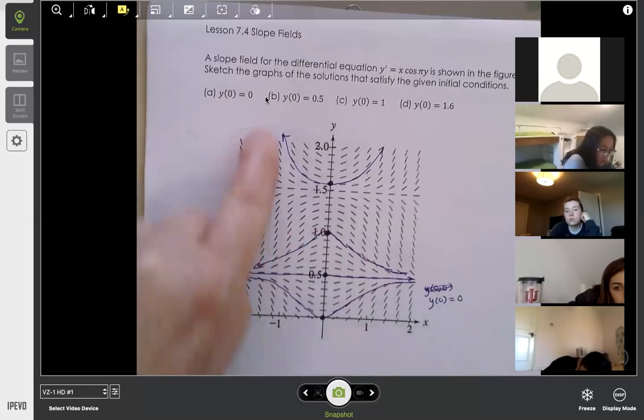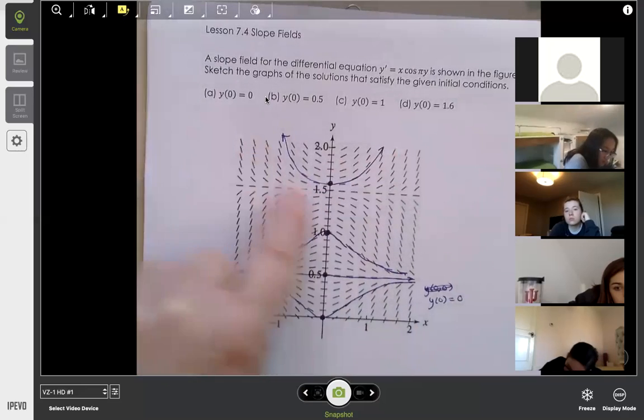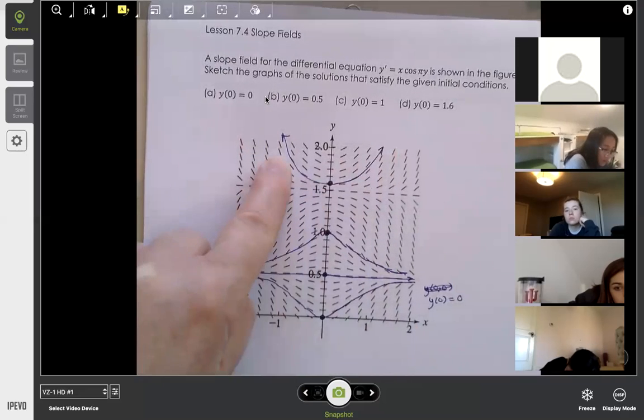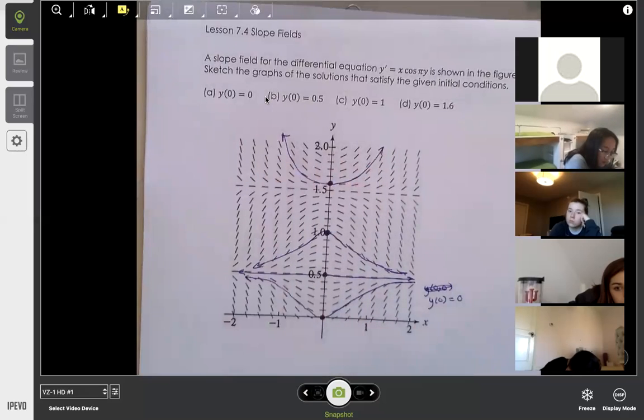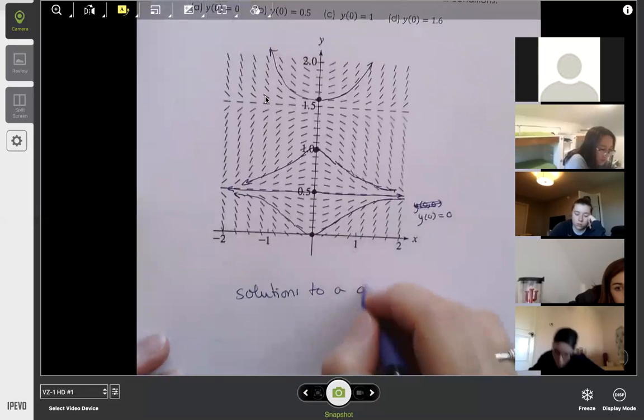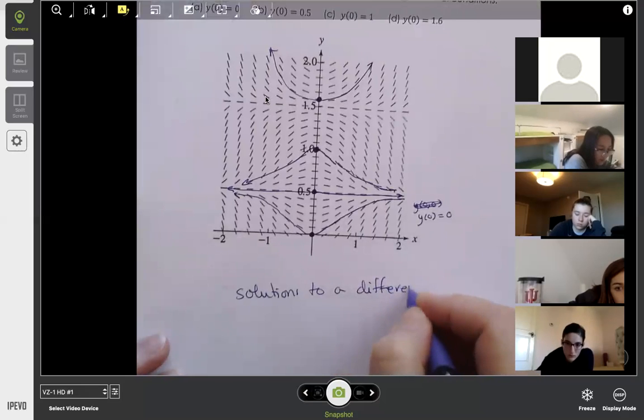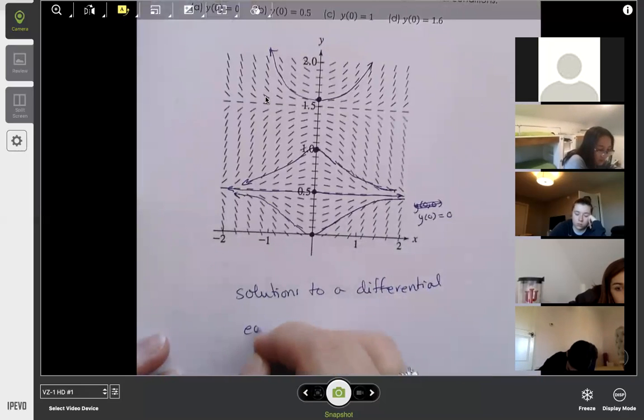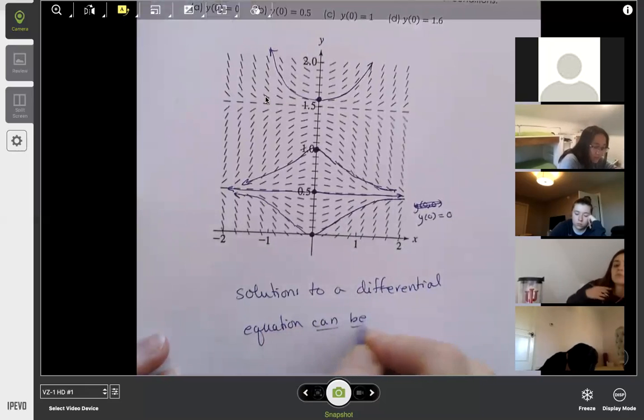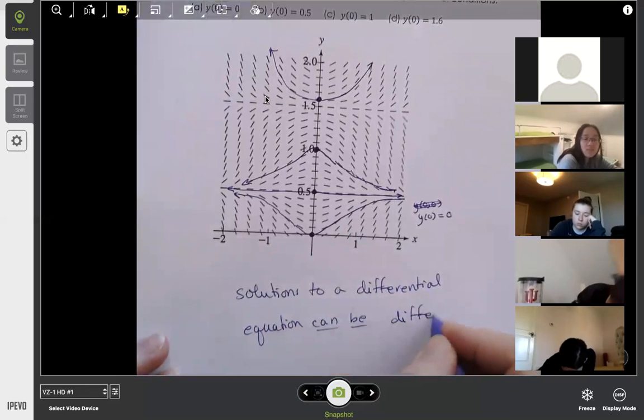This which has a horizontal asymptote. This is most assuredly not an x squared, but it's a curve. It's kind of that shape, a U shape. So solutions to a differential equation can be different types of functions.